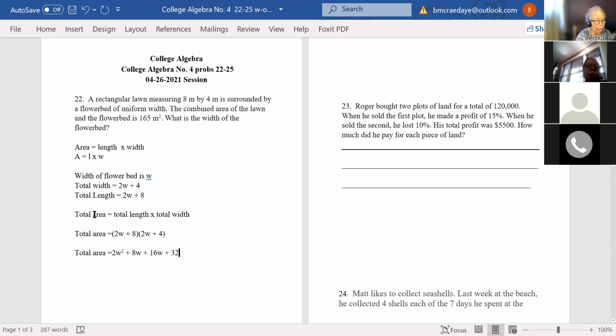So the total area will be total length times total width. So we substituted in our total length and our total width, 2W plus 8 times 2W plus 4. And Latoya multiplied it out, and you have to multiply everything in parentheses by what follows it in parentheses, each term.